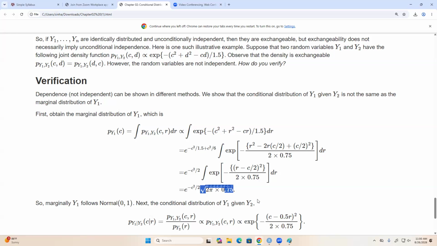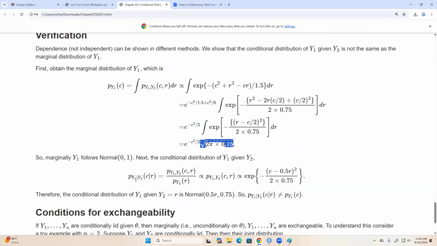Next, the conditional distribution of y1 given y2. Do I need to derive the conditional distribution? No. You see, I told you about the proportional symbol, right? So the conditional distribution of y1 given y2 is the joint distribution of y1, y2 divided by the marginal density of y2.